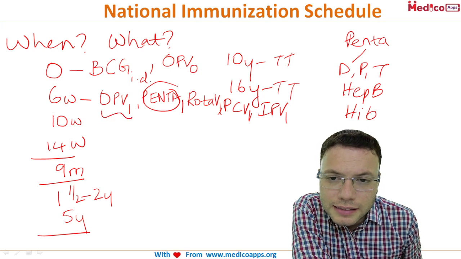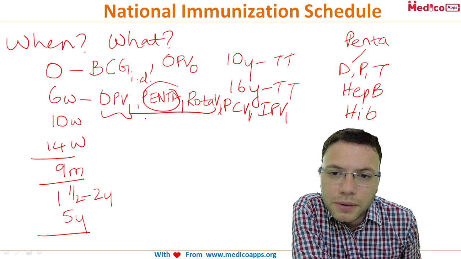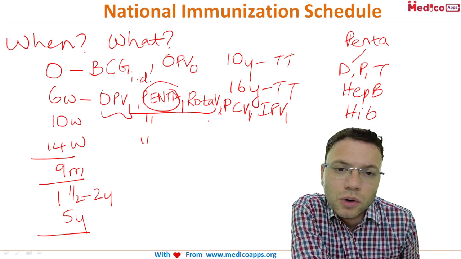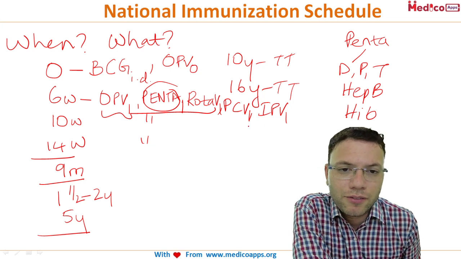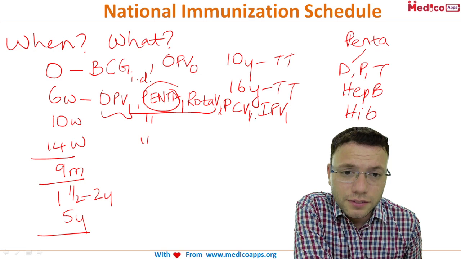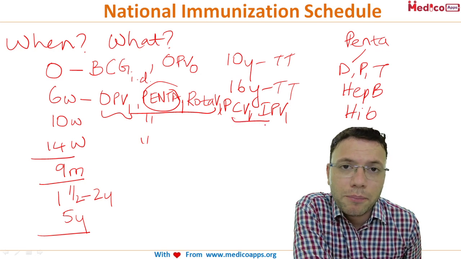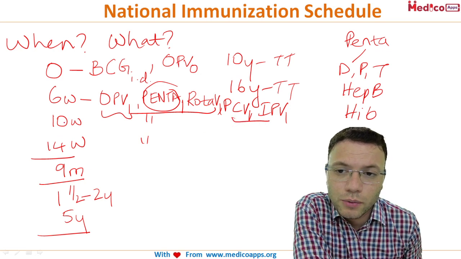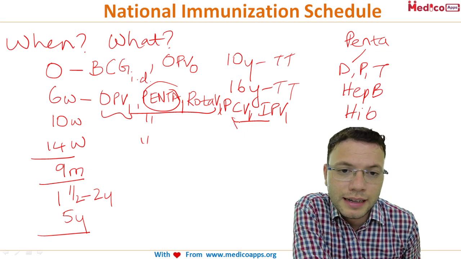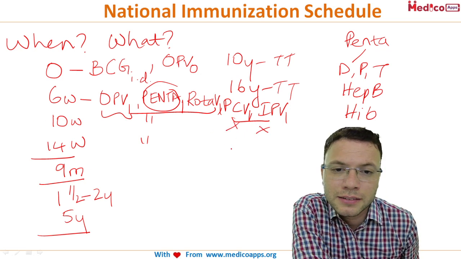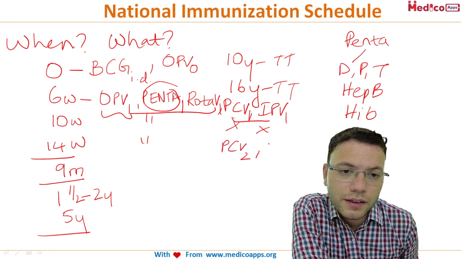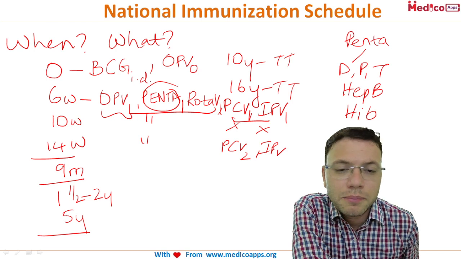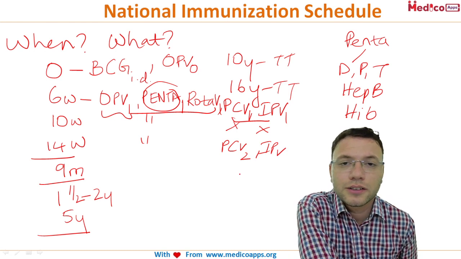These three are repeated: OPV second dose, penta second dose, rotavirus second dose, and similarly OPV 3, penta 3, rotavirus 3. Whereas these two are given with a gap: the 10th week is skipped, so we don't give the PCV and IPV in the 10th week. Instead, you give the second doses in the 14th week, IPV2 and PCV2. Is it clear so far?